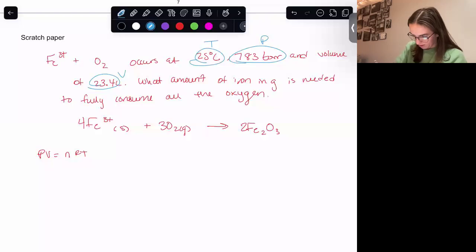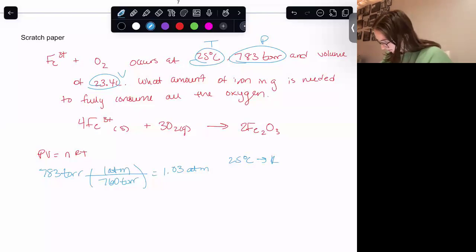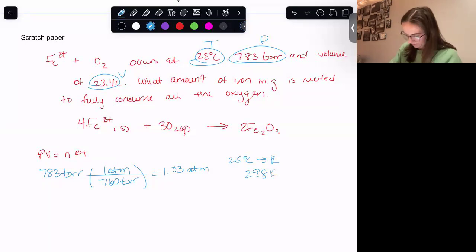Pressure we have to change to atm because our ideal gas constant is in atm. And 25 degrees Celsius needs to go to Kelvin, which is 298 Kelvin.